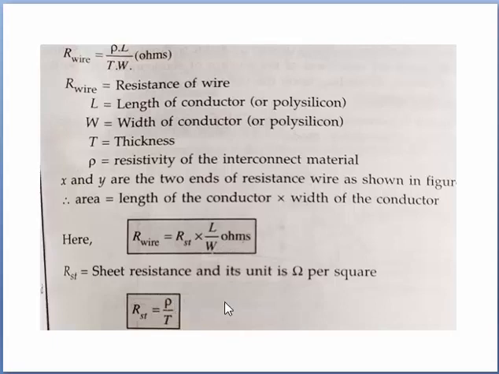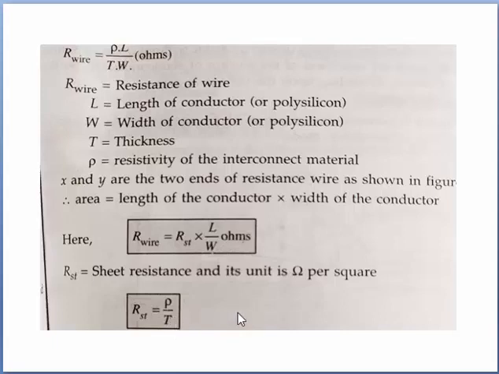So to calculate the conductor resistance in a layer, simply multiply the length to width ratio of the conductor by the sheet resistance. The sheet resistance of different layers will be different. The values concerned with the layers depend on the sheet resistance and thickness of the conductor in a MOS circuit.